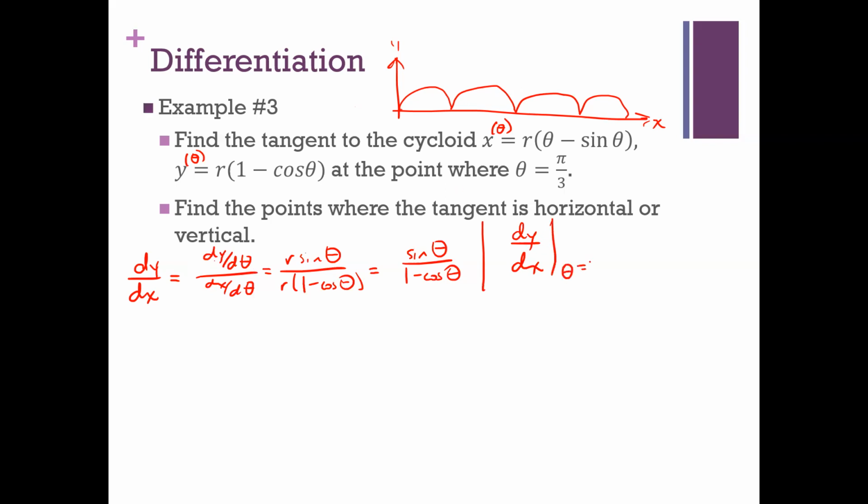So when theta is equal to pi over 3, what do I get? I get sine of pi over 3 over 1 minus cosine pi over 3. Is that radical 3 over 2 over 1 minus a half, 1/2? So it should come out to radical 3.